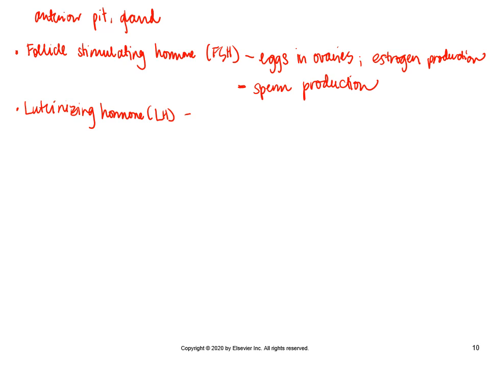So if your follicle stimulating hormone is stimulating the development of the eggs in the ovaries, the luteinizing hormone is actually the one that is responsible for the stimulation of the egg release. Okay, egg release. Also controls progesterone. Let's put progesterone. Okay.